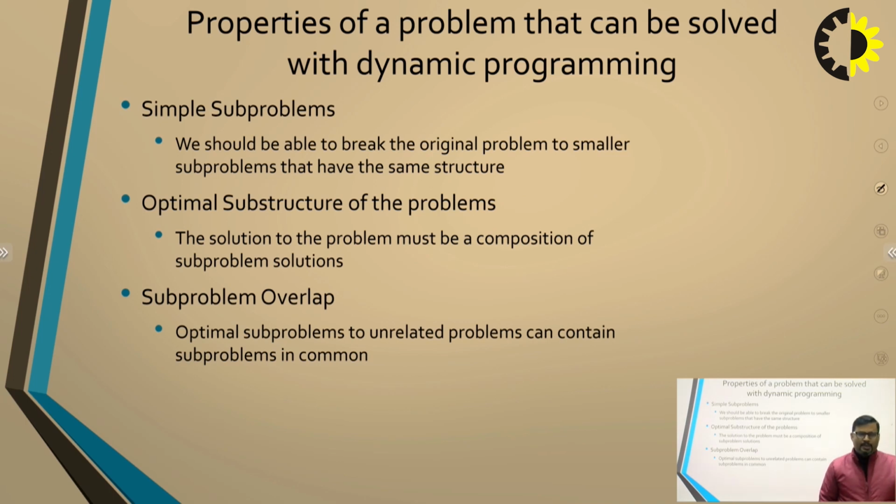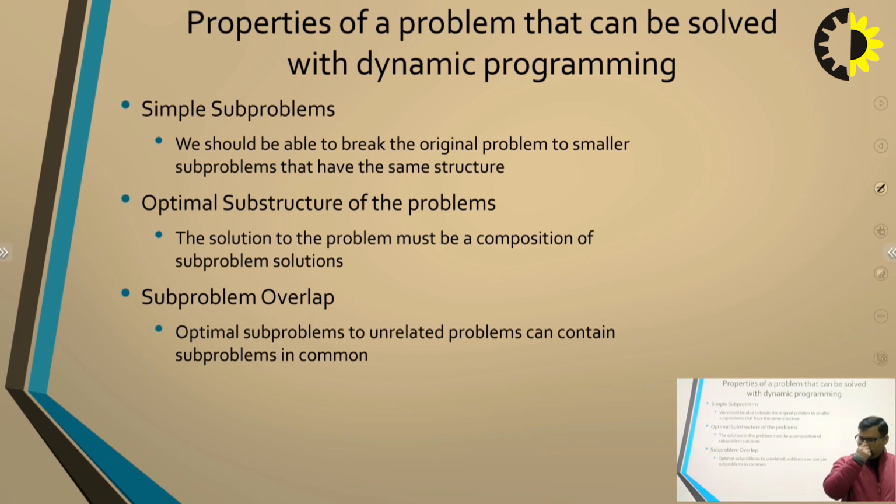Next, properties of a problem that can be solved with dynamic programming. Simple subproblems: we should be able to break the original problem into small subproblems that have the same structure. Second thing, optimal substructure of the problem: the solution to the problem must be a composition of the subproblem solutions.